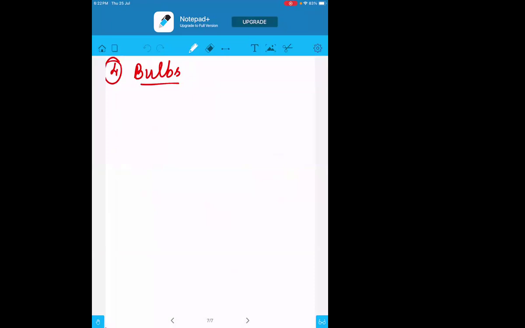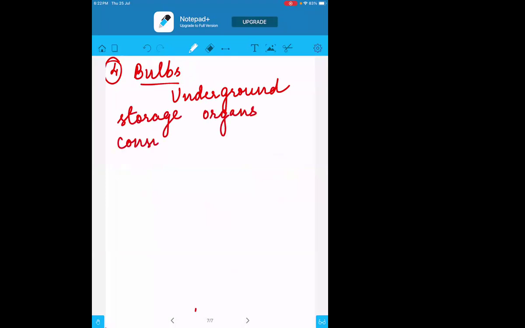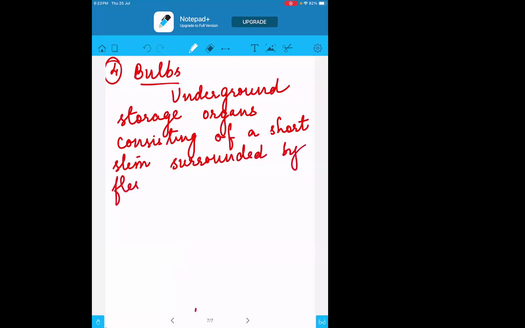So bulbs are basically underground storage organs consisting of a short stem surrounded by fleshy leaves. So you all are eating onions, right?